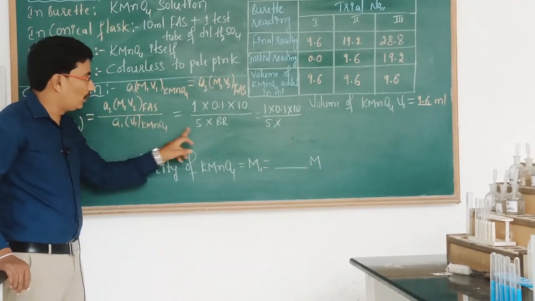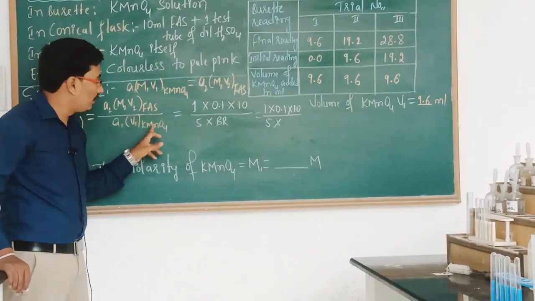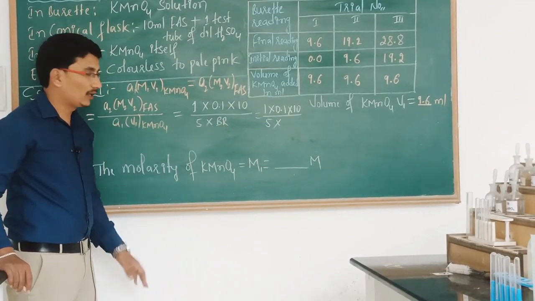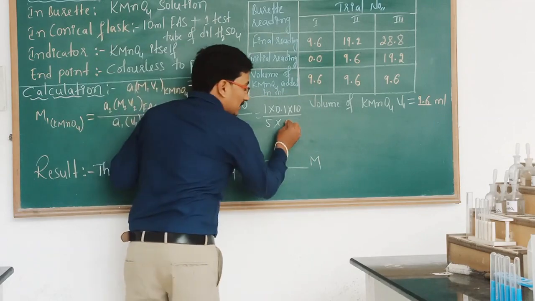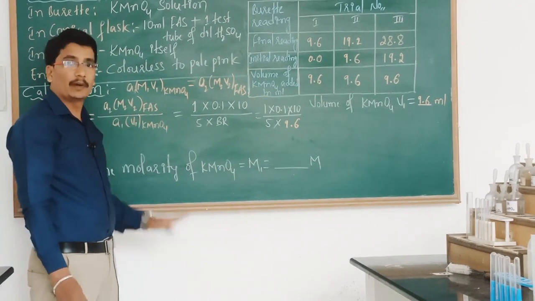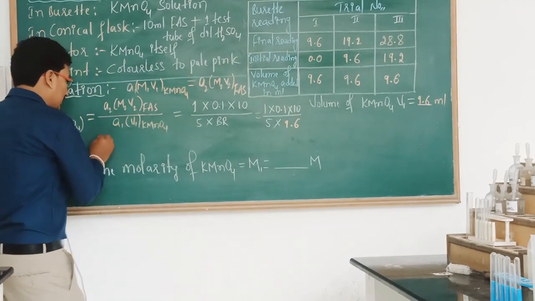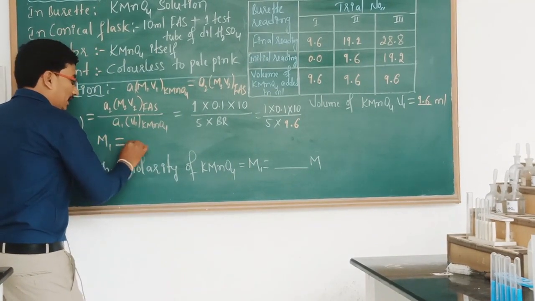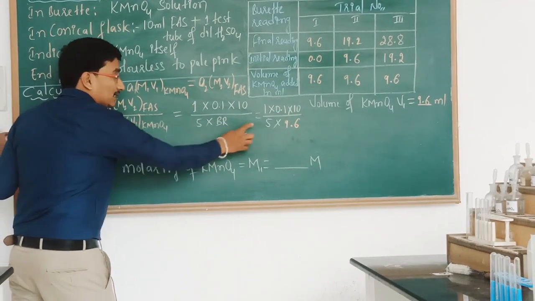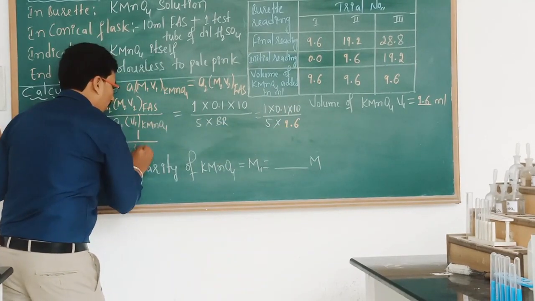Then the a1 value given is 5, into V1, which means the burette reading. So we wrote BR, burette reading. The burette reading we got is 9.6, so we substituted that 9.6. After that, the molarity M1 is equal to 1 into 0.1 into 10, which becomes 1, over 5 into 9.6, which is equal to 48.